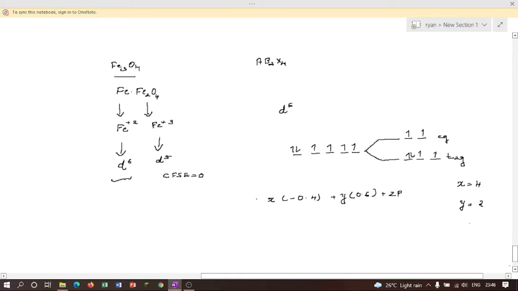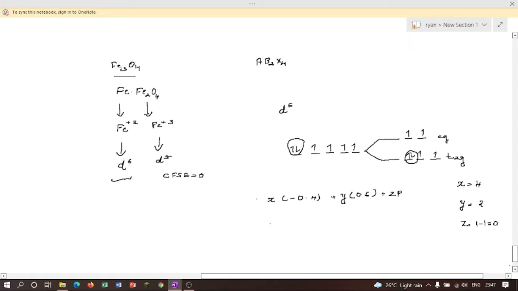Then next we have to find out the Z. Here there is one electron pair in the spherical field, and also 1 in the octahedral environment. Therefore 1 minus 1 is equal to 0.